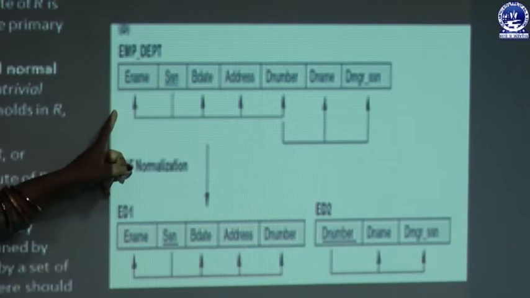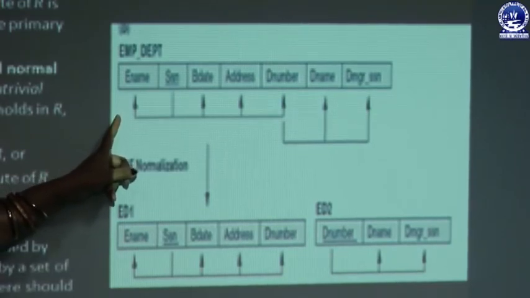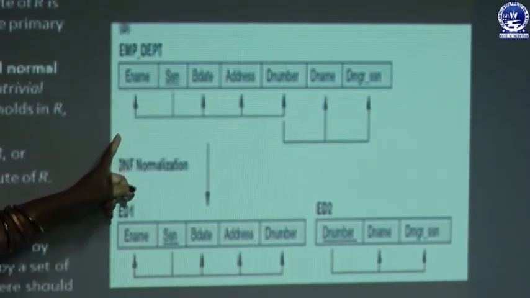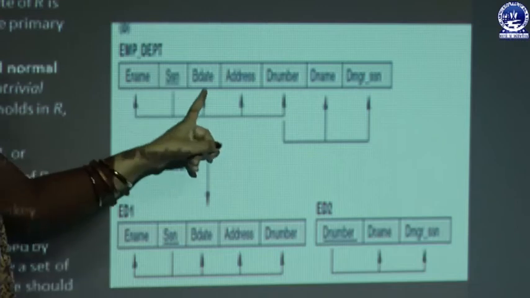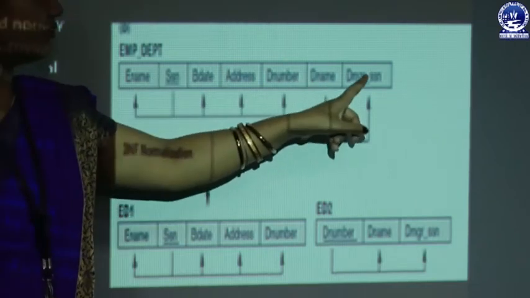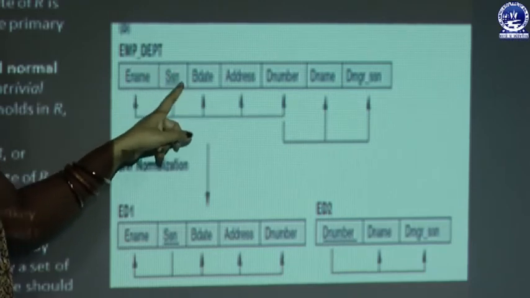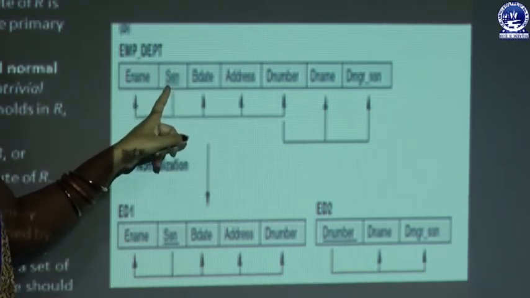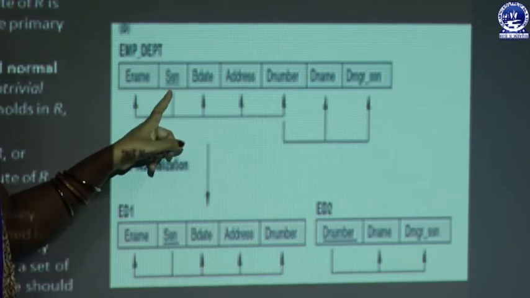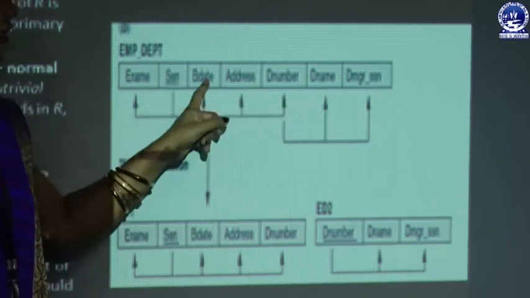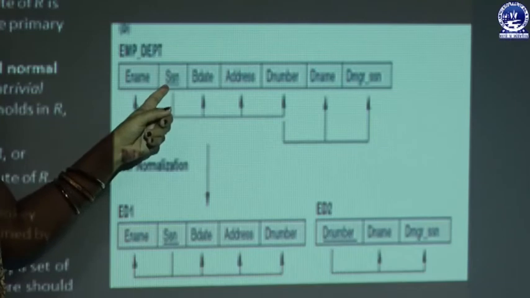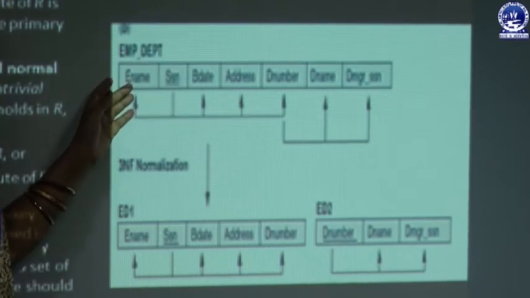First we have to check whether this relation schema is in second NF or not. Second NF says all the non-key attributes fully functionally depend upon the key attribute. You can see the birth date, address, Dnumber, Dname, Dmanager SSN and ename, and here the key attribute is SSN, the only key. So, obviously all the attributes fully functionally depend upon the key attribute. So, this relation is in second NF.